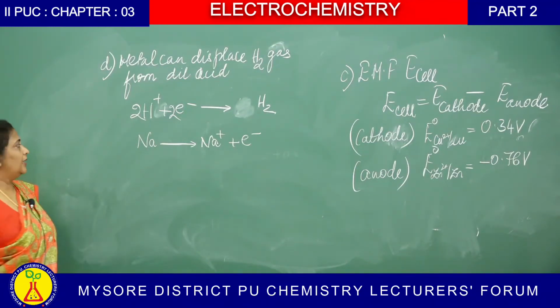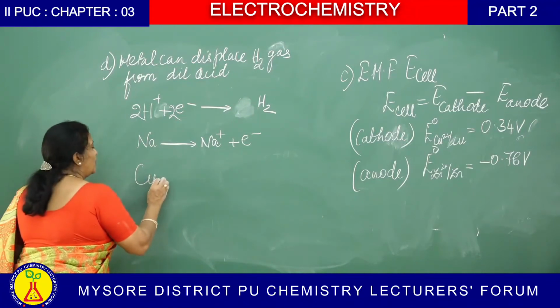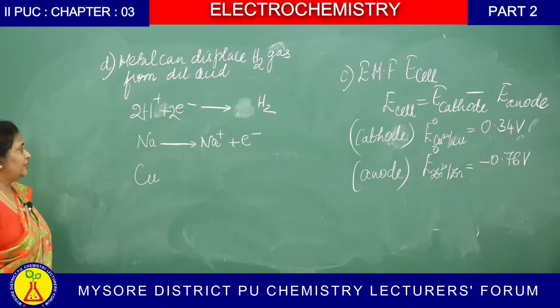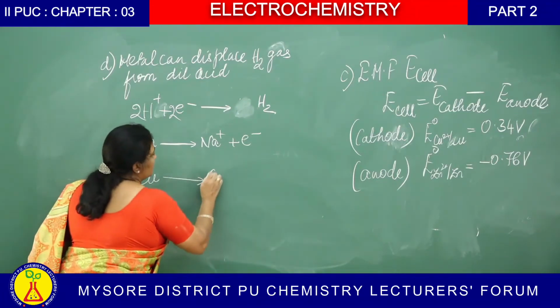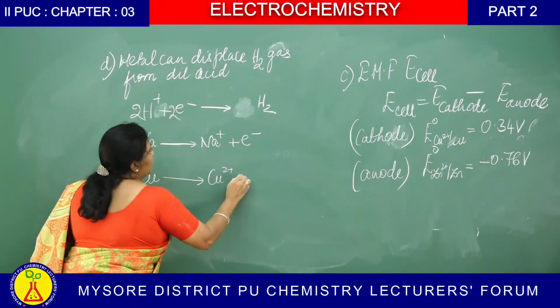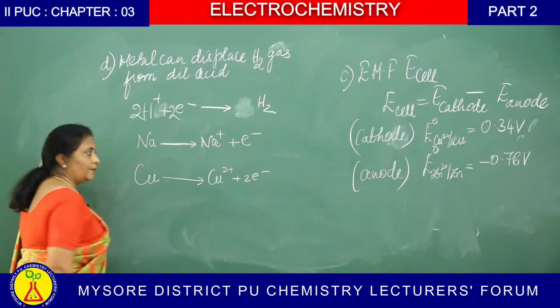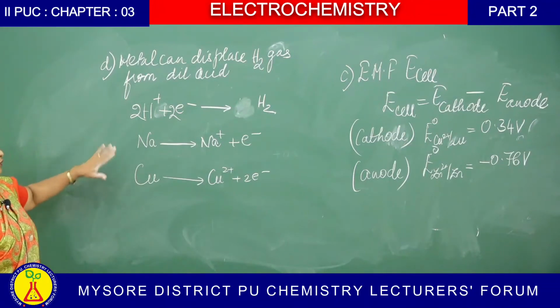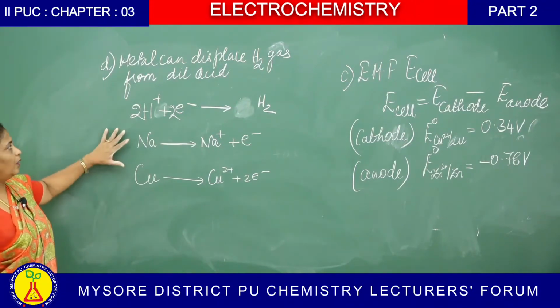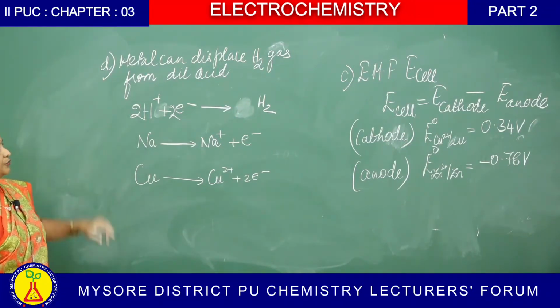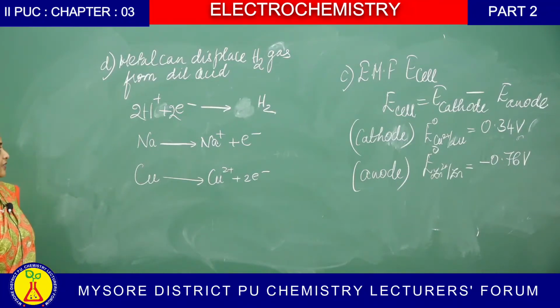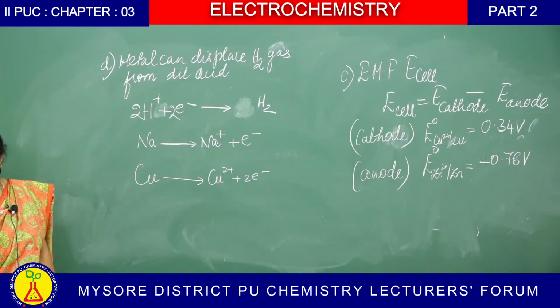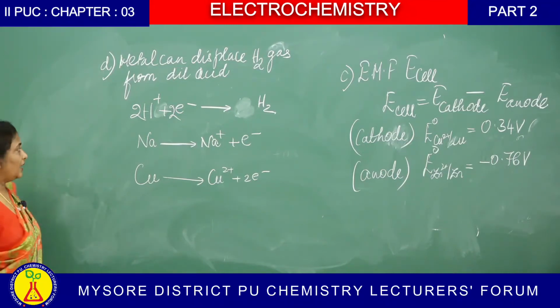Now, let us take copper. If I place copper in dilute acid, then this reaction must occur, Cu 2 plus plus 2e minus. Now, let us see which of the two metals is capable of displacing hydrogen from dilute acid. For this we need to look at the E naught value.